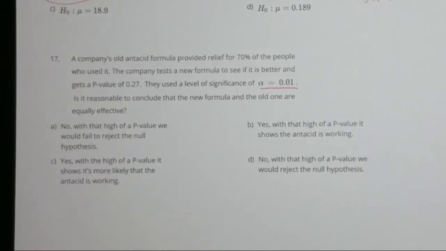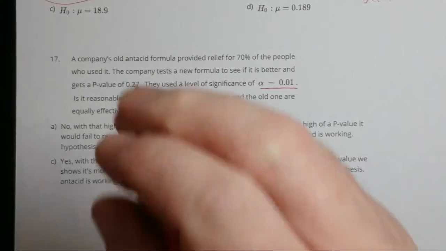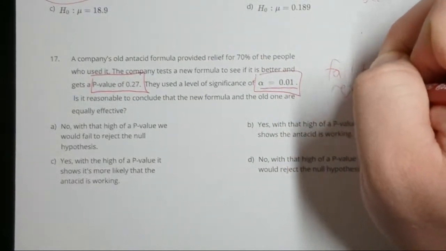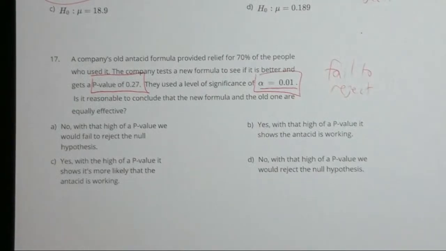It remains the same: if the p-value is less than alpha, you reject. Otherwise, you fail to reject, which in this case, you would fail to reject. Is it reasonable to conclude that the new formula and the old one are equally effective?